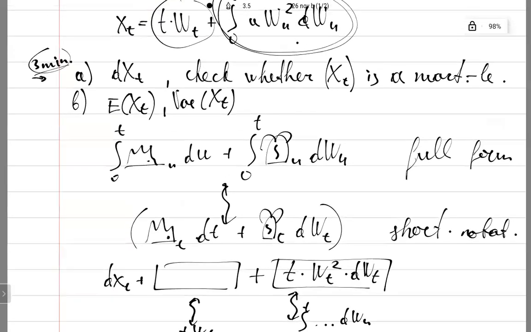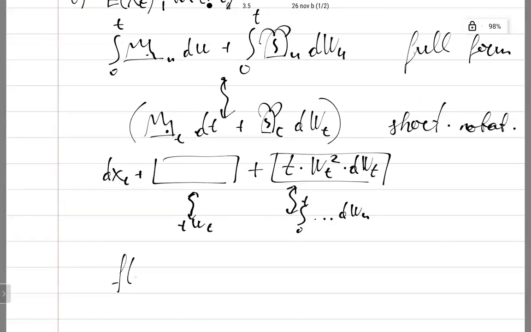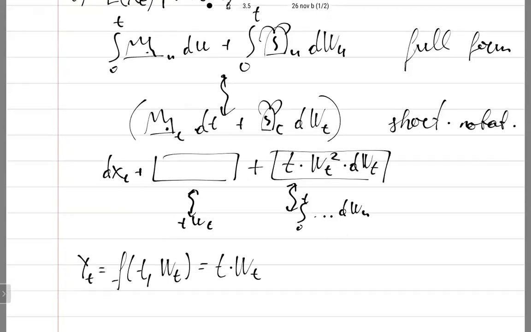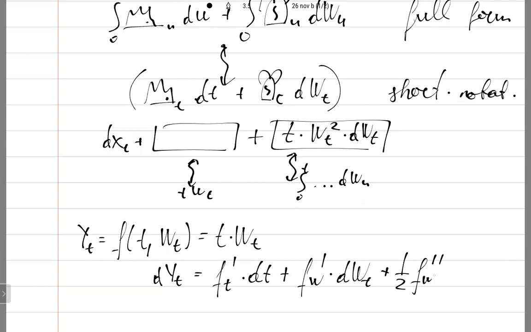What about the first term? Here we will use Ito's lemma. When you have a function of t and W_t, in our case just the product of t and W_t, then Ito's lemma says that dY_t is f prime with respect to t times dt plus f prime with respect to w times dW_t plus the correction term one half f double prime ww dt.